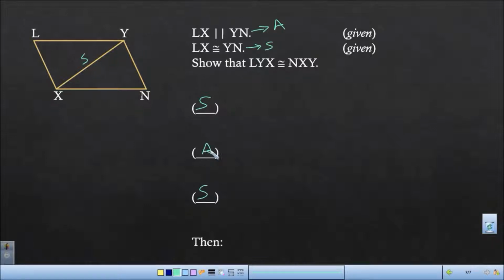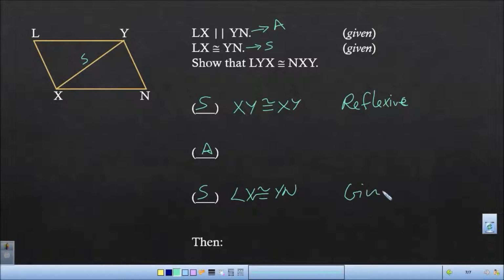The first side is XY congruent to itself by the reflexive property. The second is LX congruent to YN, because it's given. So that's this side congruent to this side, and of course XY is congruent to itself.